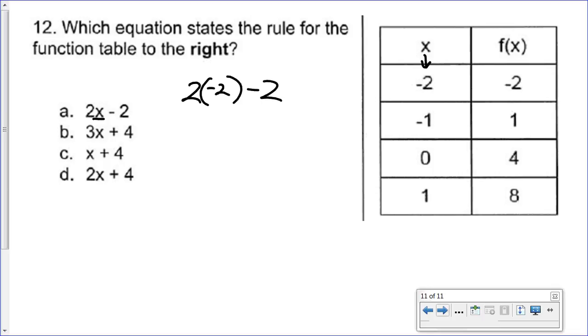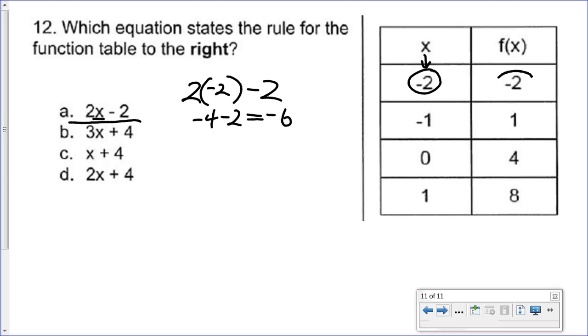We put something in, our x, our input, and it puts something out, our output. In this case, 2 times -2 is -4. The positive times the negative is negative. Then -2, and it's all heading in the negative direction, so -4 - 2 is -6.